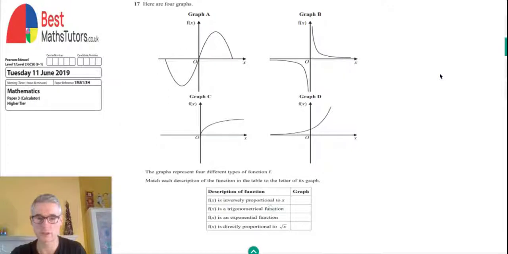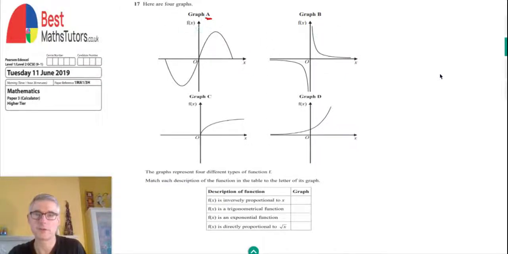So we can see we're given at the bottom different choices as to what type of graph we've got, and what we need to do is put the letter into the box and match it up correctly. So for some of these, obviously you might know some and maybe you could work them out by trial and error or by knowing which ones are missing, but it's good to understand how all these graphs are formed.